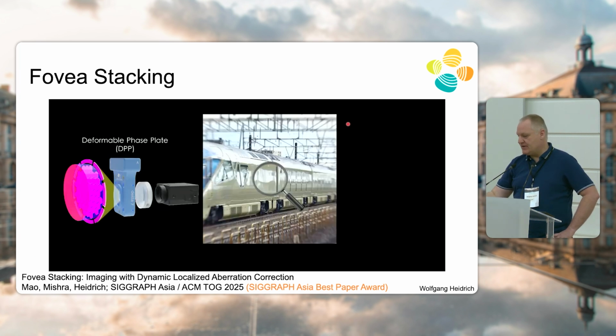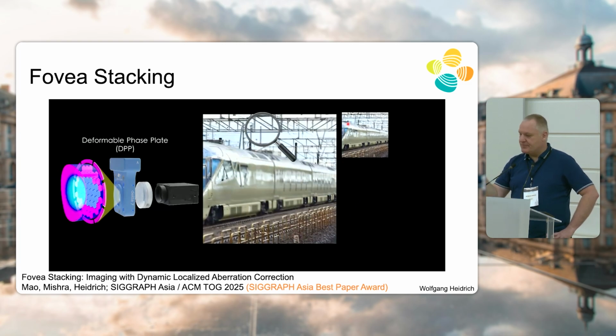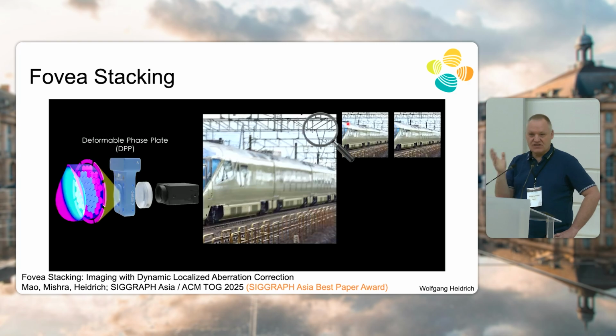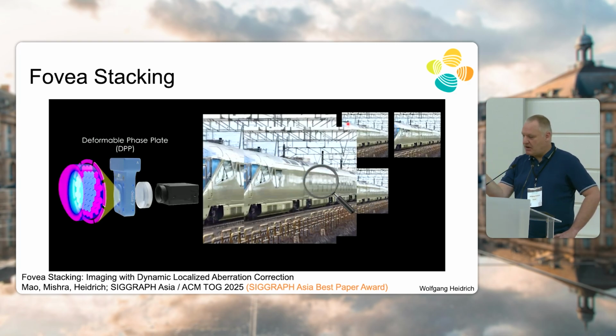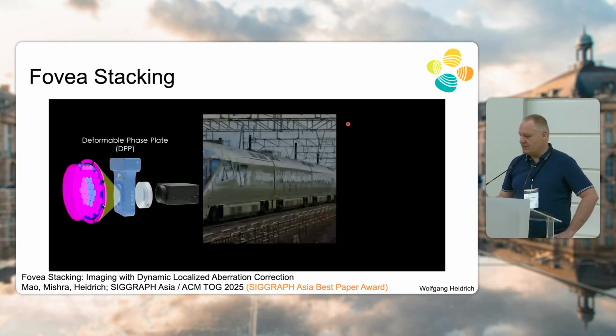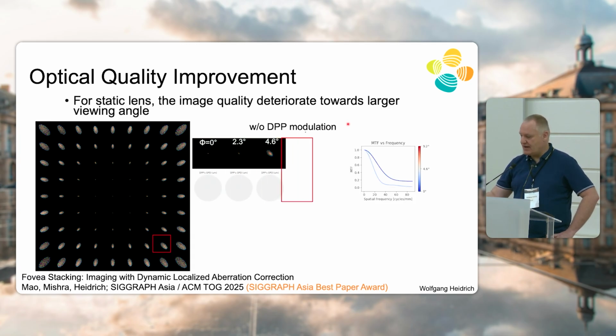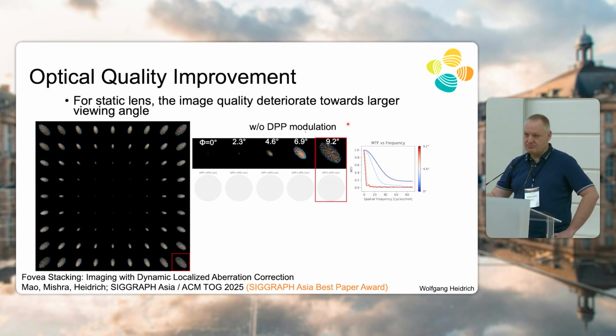So here's the example for that. We can basically stack up an in-focus image by taking multiple images with different aberration corrections for different image regions. And this is what this looks like in PSF space. If you have just the static lens, the PSFs get progressively worse.